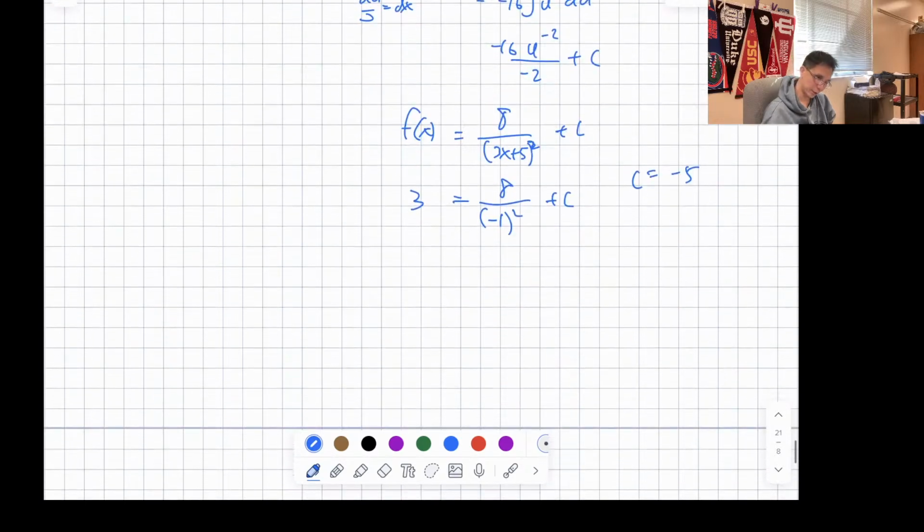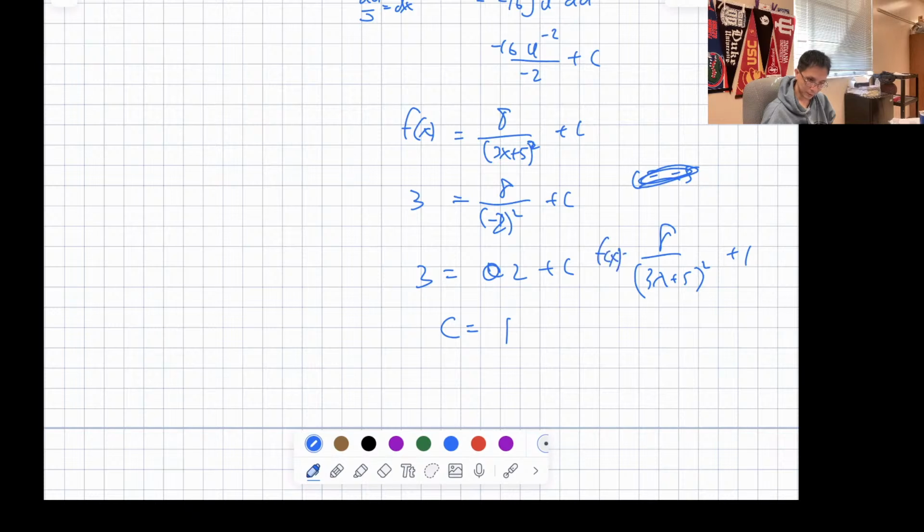Oh, sorry, this one is negative 2. I can count. So c is equal to negative 2, so it'll be 3 equal to 4. Wait, sorry, 2 plus c. c is equal to 1. Sorry. So 8 over (3x plus 5) to the second plus 1. That's the f of x.